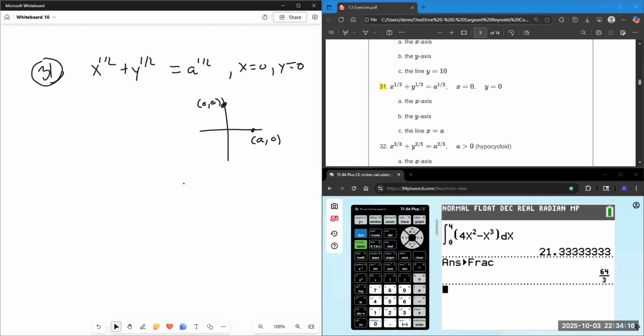And then I'm going to pick an a value that is a perfect square, like 4, so that the square root of 4 is going to be 2. 2 minus the square root of x, and I'm going to square it.